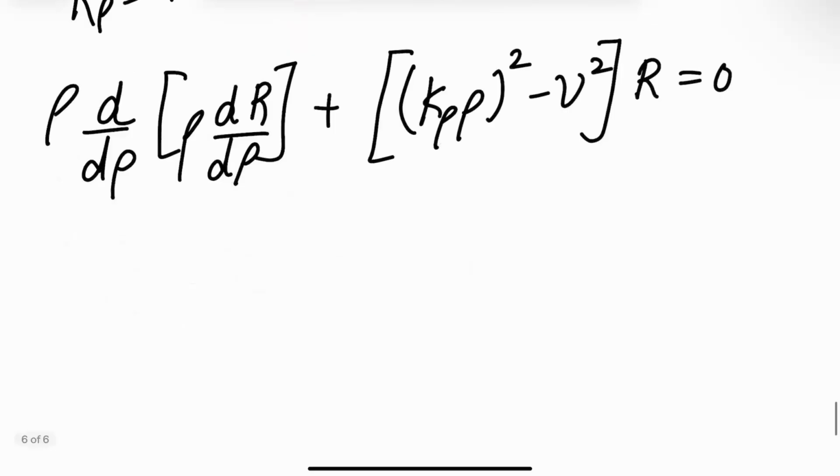Now I'll substitute k rho as i alpha. So if I substitute i alpha, what happens? I get a minus out here, an alpha out here, and a plus out here, right?